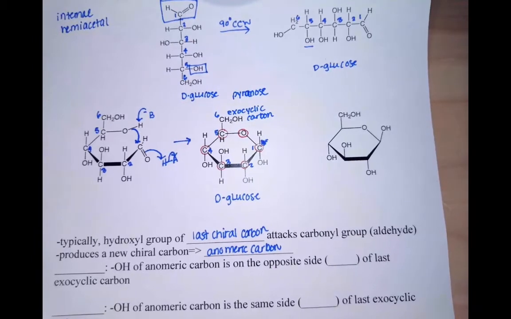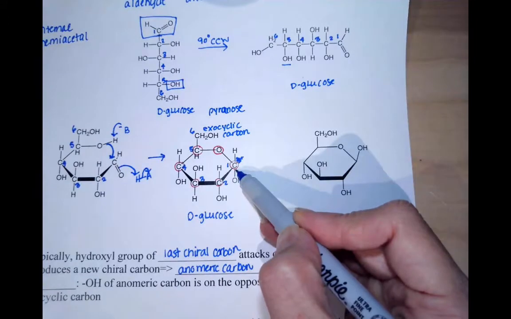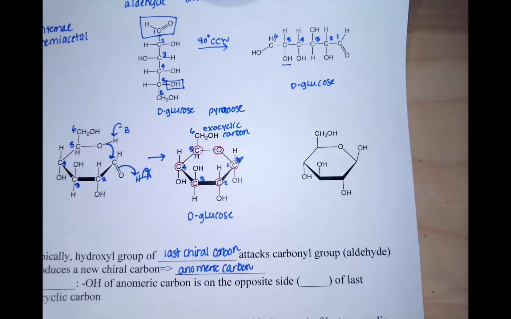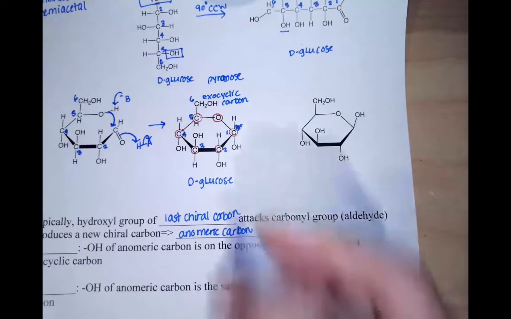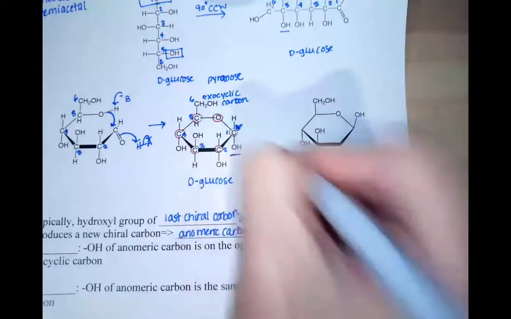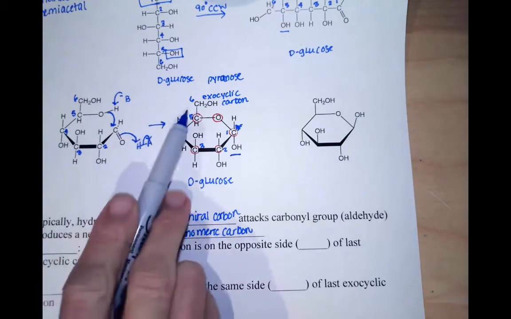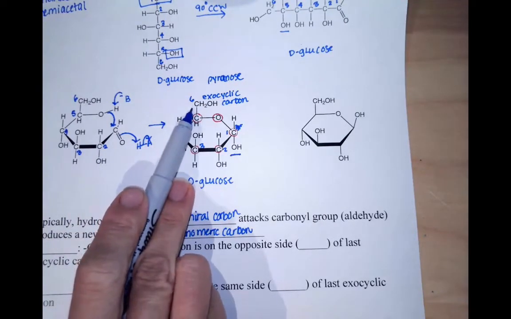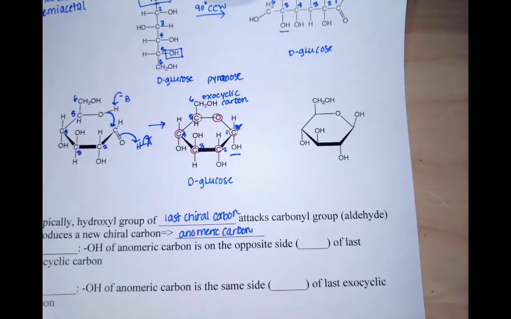Okay, so back to our anomeric carbon. The anomeric carbon was the carbonyl containing carbon before it became a cyclic structure, and now it is a chirocarbon. It has 4 different groups coming off of it. Depending on the orientation of the hydroxyl group that's attached to the anomeric carbon and that of the last exocyclic carbon, in this case carbon number 6, that's going to determine whether the sugar is an alpha sugar or a beta sugar.